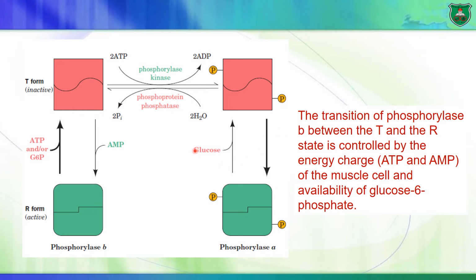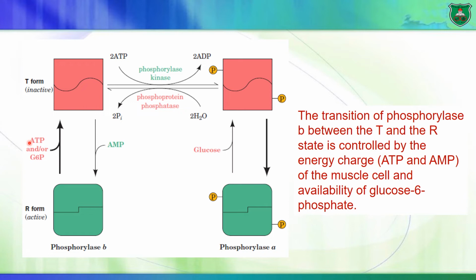Now, the transition from the T to the R state is regulated by the energy charge. This is particularly true for phosphorylase B. So when the enzyme is dephosphorylated in the presence of ATP and glucose 6-phosphate, this means that there is a lot of energy in the system, which means that there is no need to break down glycogen.